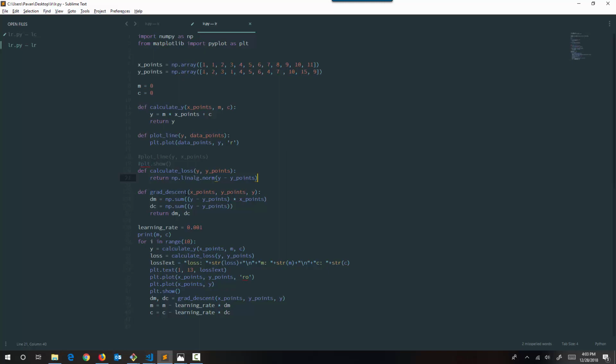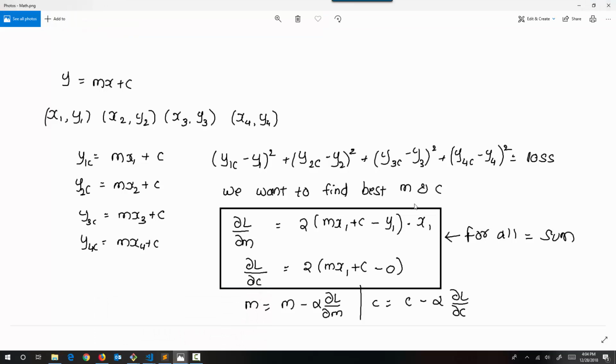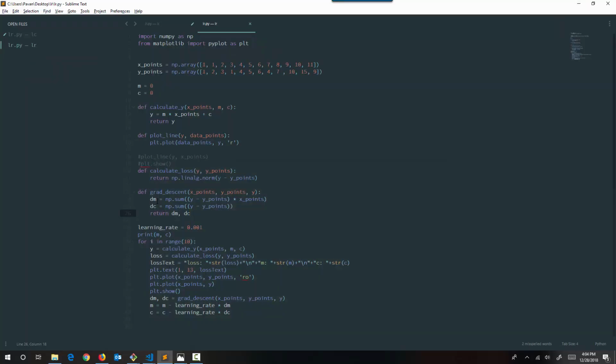And then we do the gradient descent. How it is done is exactly nothing but this particular derivative where we calculate dm and dc, and then we return this dm and dc to the function which called it, where we call the derivative. So gradient descent is called here, and then based on that value we change m and c slightly based on the learning rate.